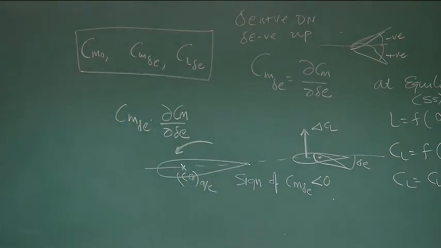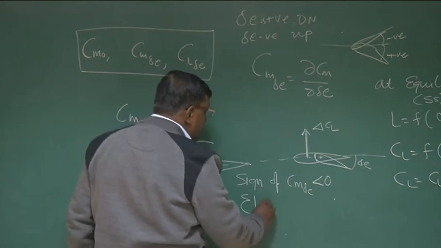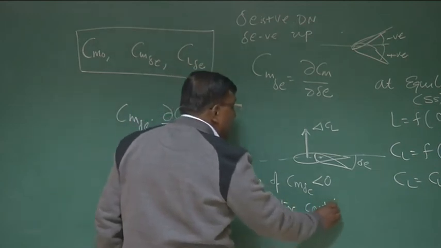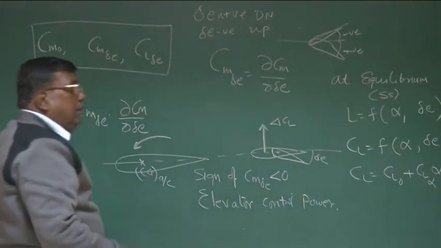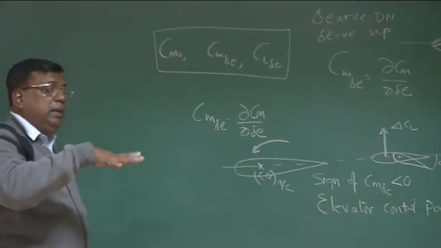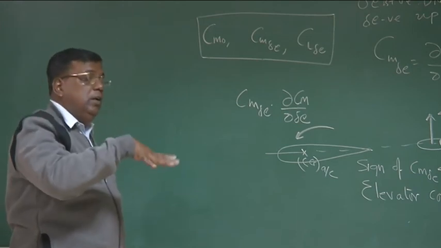And this is also called, if you recall, elevator control power. Naturally, if Cm delta E is strong, it will have a very strong command over pitching the airplane, giving a nose down or nose up moment.